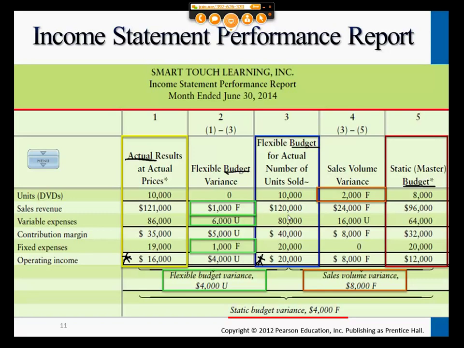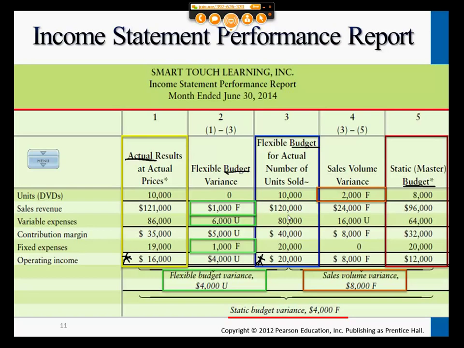So I see that it's 4,000. Now favorable or not, it's unfavorable, right? My actual is less than the flexible. And I do the same for the sales volume variance. I compare my operating income numbers. So it's 8,000 because it's 20,000 minus 12, and it is favorable, right? Because my flexible for actual numbers is greater.